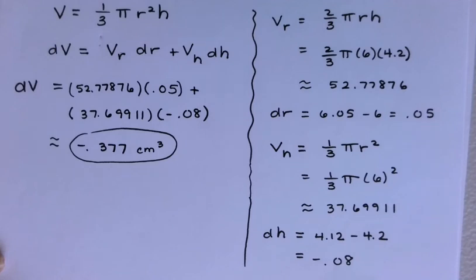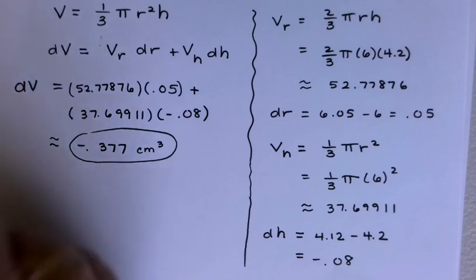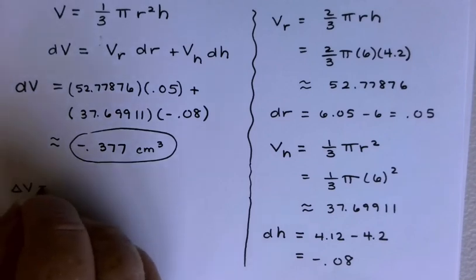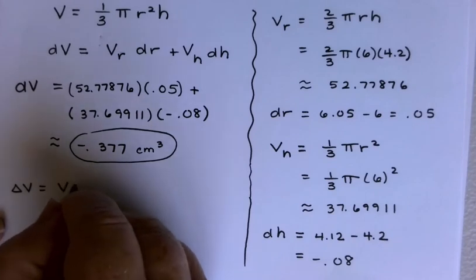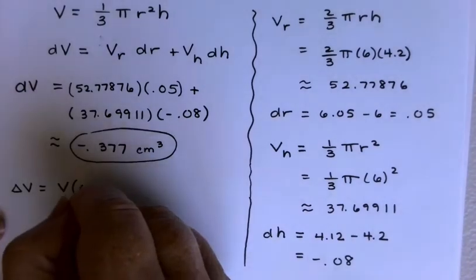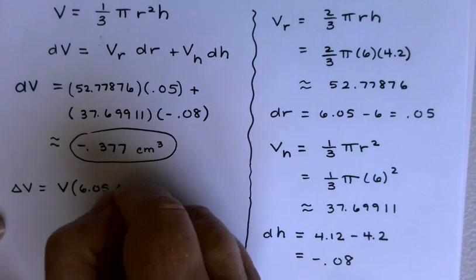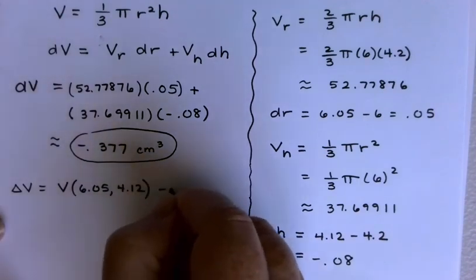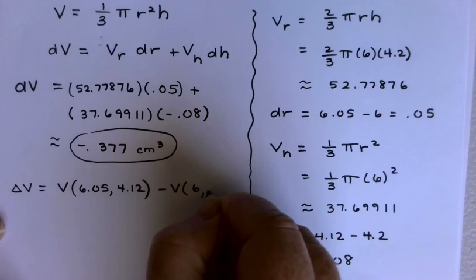We could, of course, compare that to the actual change in volume, delta V, which would be the volume at 6.05 and 4.12 minus the volume at 6 and 4.2.